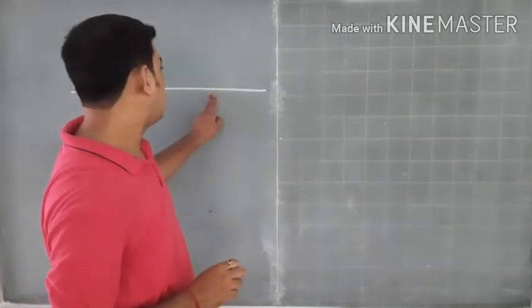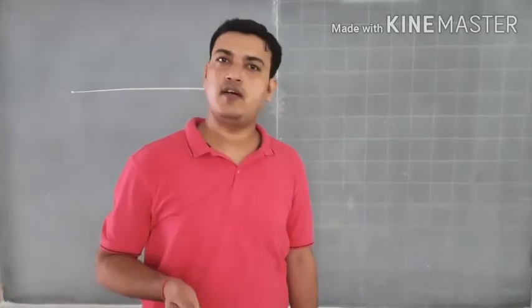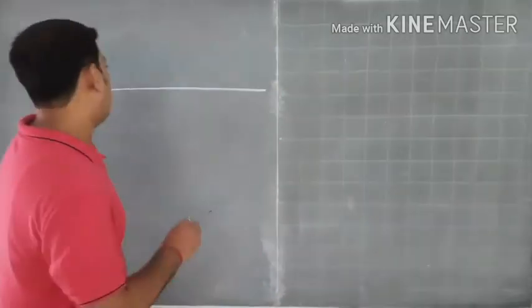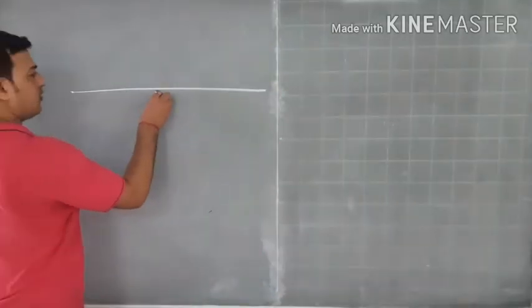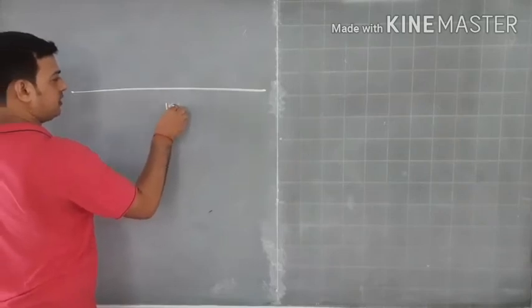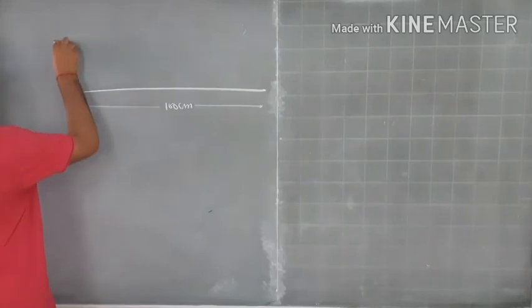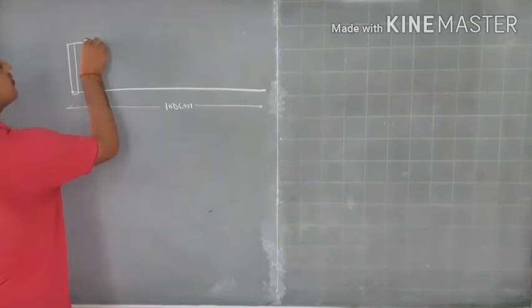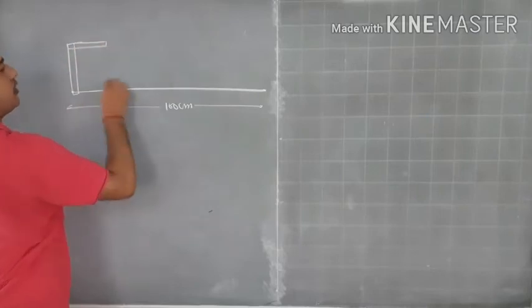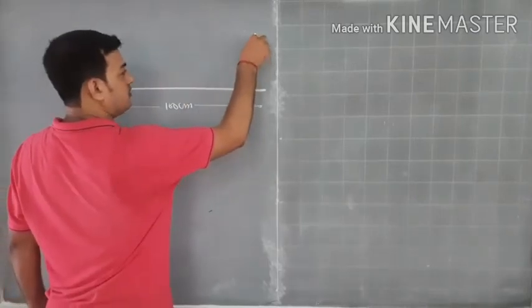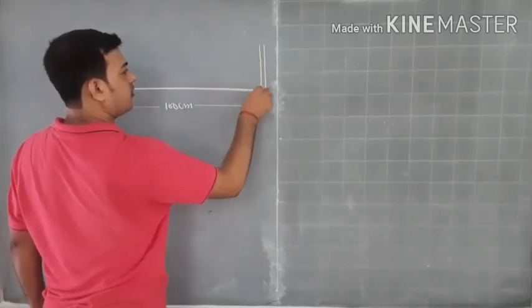This wire is made up of constantan or manganin, and it is a 1 meter wire. Let's take the length as 100 centimeters, and I will connect this wire with the help of two L-shaped strips of copper.